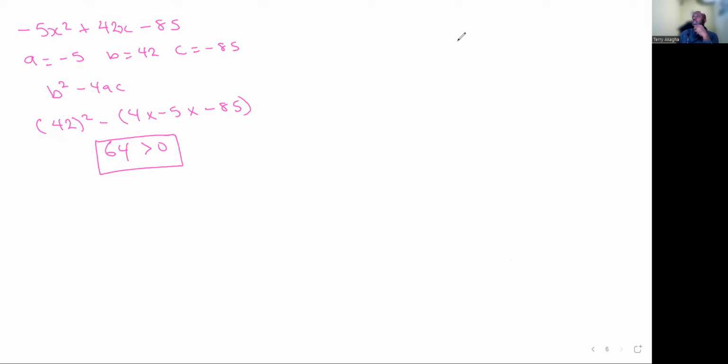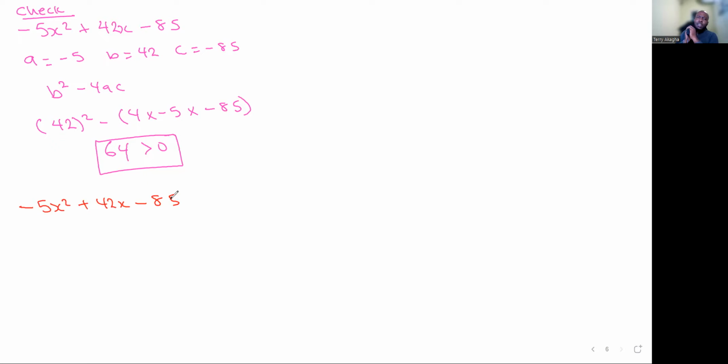Because here, what we did was check. So now we're going to go back and finish up the question. So we're going to have minus 5x squared plus 42x minus 85. To solve this, you can use 2 methods. You can use the factorization method, the completing the square method, or the formula method.